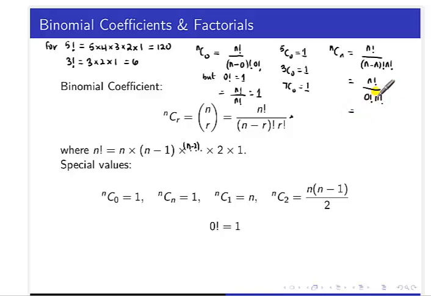Remember, 0 factorial is 1, meaning that we have n factorial over n factorial, which gives us 1. This implies that a positive number combination itself is always 1. So 5 combination 5 is 1, and 7 combination 7 is also 1.